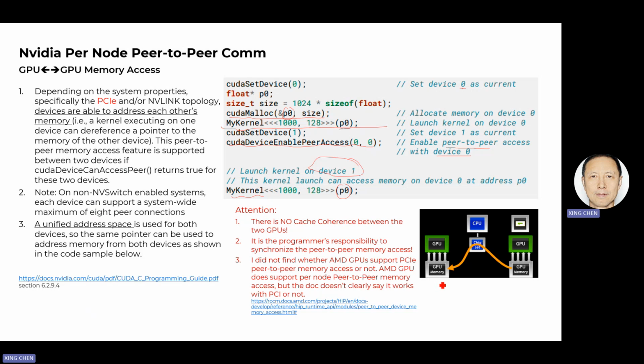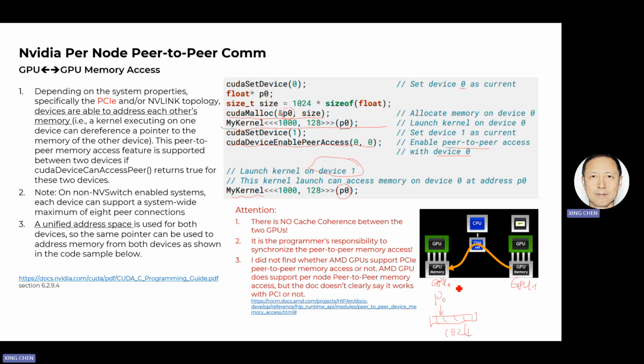We can draw this situation here: you have a GPU 0, you have GPU 1, and P0 points to a memory which has 124 elements.